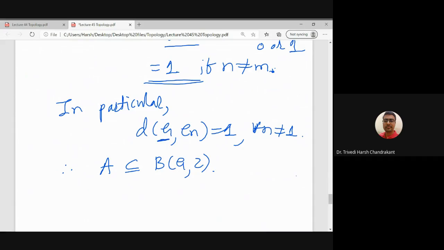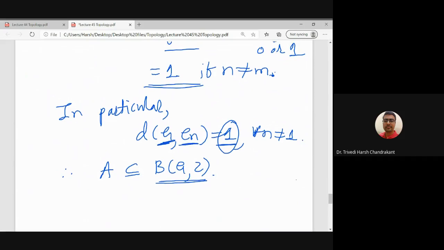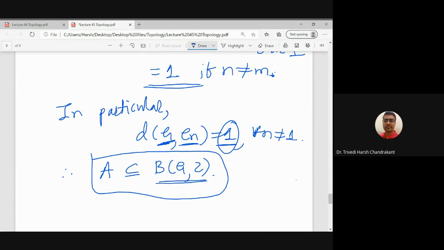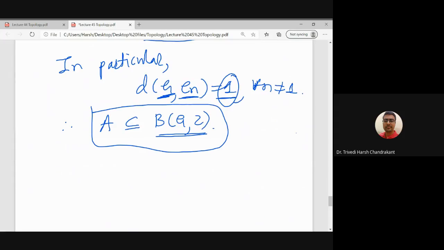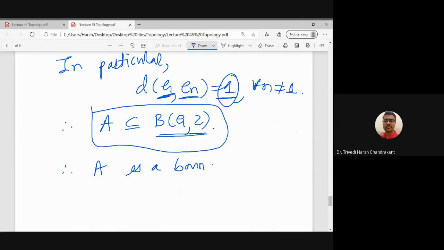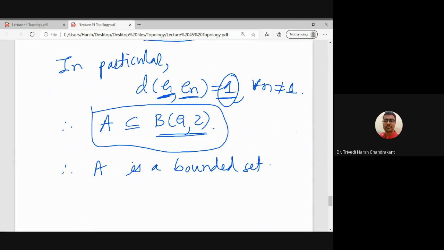Because E1 has distance 1 with each En, they are basically on the circle centered at E1 with radius 1. So it is already contained in the ball centered at E1 with radius 2. So this condition gives us that A is a bounded set. Bounded means bounded as a subset of the metric space, with respect to the metric d infinity.